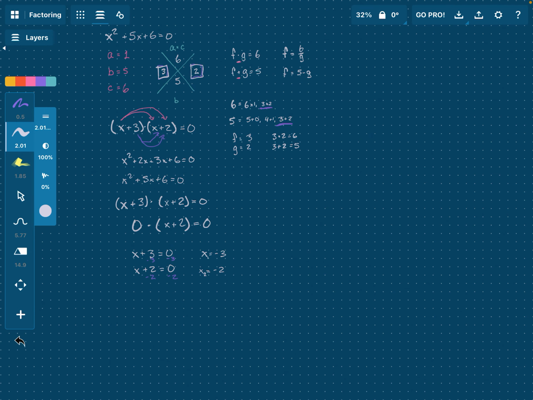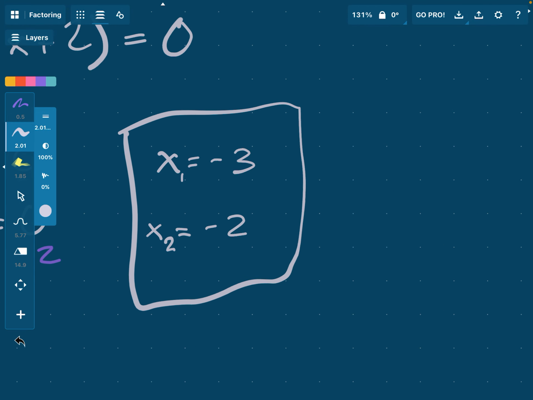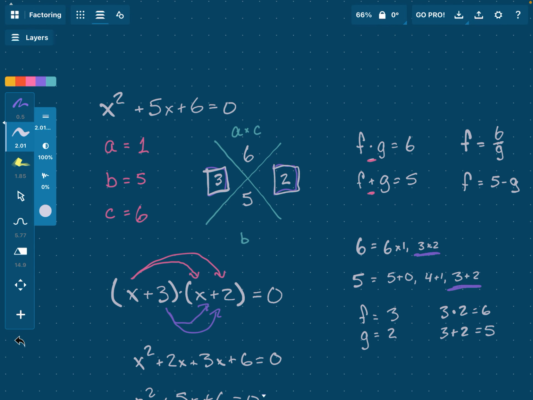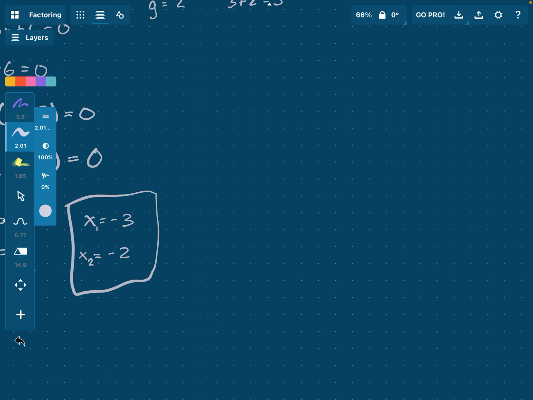So when x is equal to negative 3, or when x is equal to negative 2, our quadratic will become 0. And we can plug these numbers in to check that. So again, we have x squared plus 5x plus 6 is equal to 0. So we're just going to plug in these numbers.